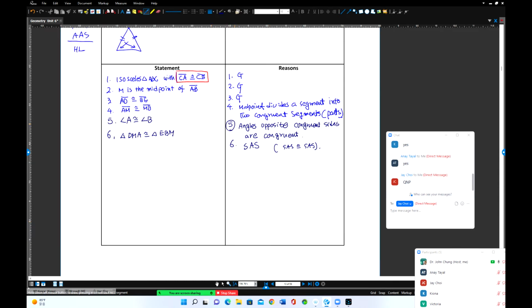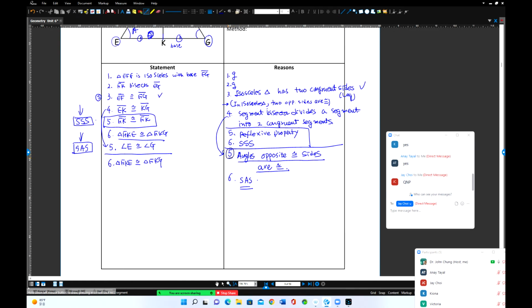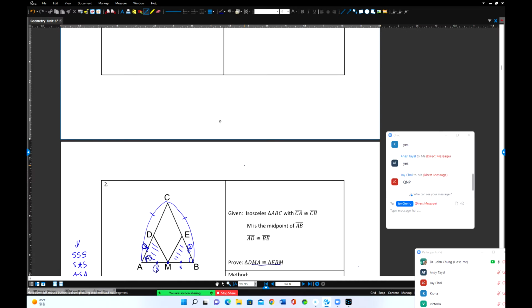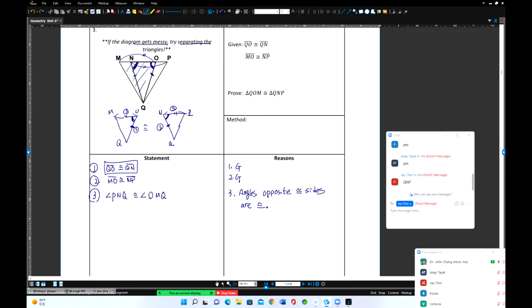Number 5, when you have isosceles, a lot of times the angles are congruent. Take a look over here. Side, angle, side. Everything we got already. So now you can say that's enough to say these two triangles are congruent. Triangle QOM is congruent to triangle QNP.